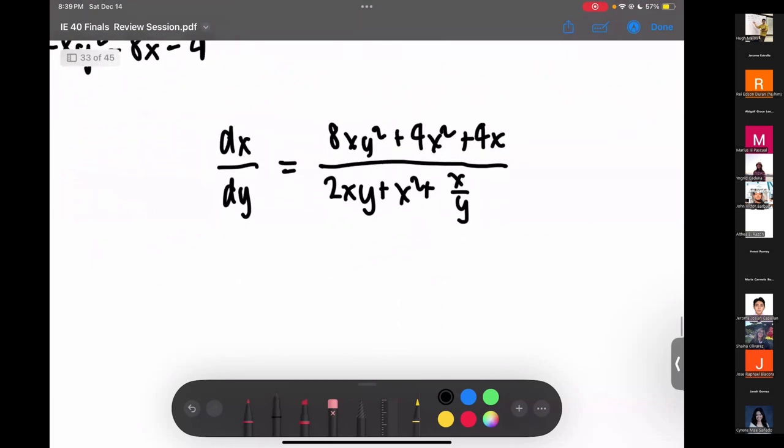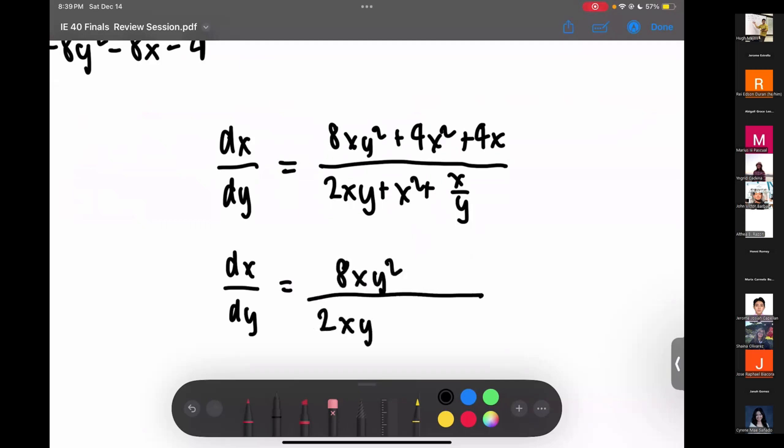We can try simplifying this further just to see if it will bring out the form that we want. So, dx over dy. Let's try to separate it by term. So let's break up the numerator. So this will become 8xy squared over 2xy plus x squared plus x over y.